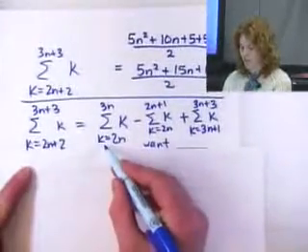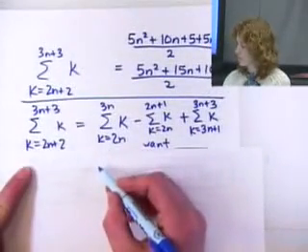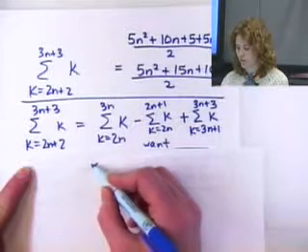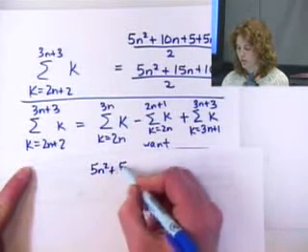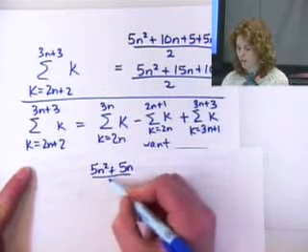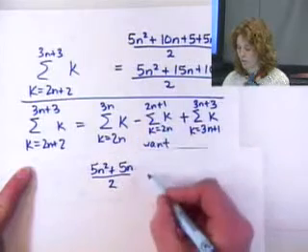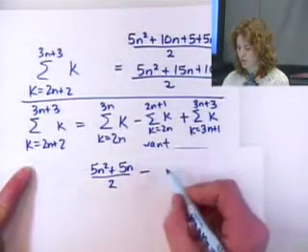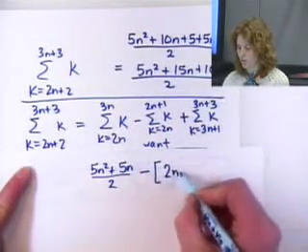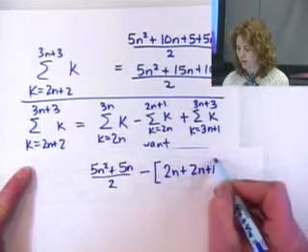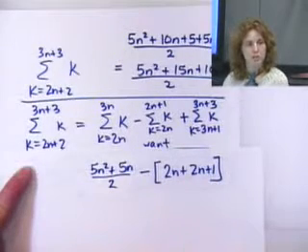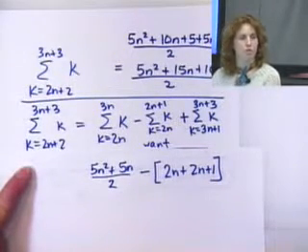Now we know a formula for this one, which was what? That was 5n squared plus 5n over 2. This one is just the quantity 2n plus 1, right? Subbing in 2n for k and then 2n plus 1 for k.